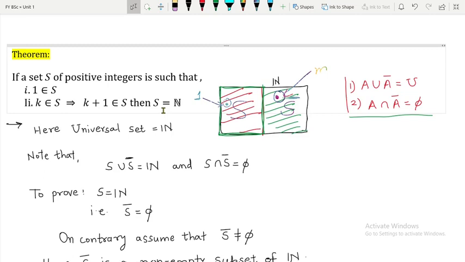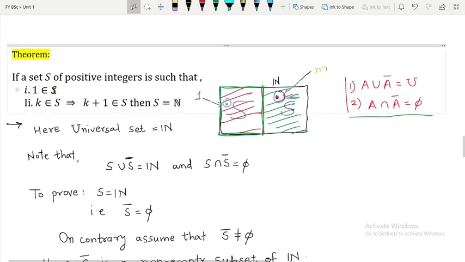I have already told you the process yesterday. How does it happen? Since 1 is there in S, due to the second condition, what is the second condition saying? If there is k in S, then there is k plus 1 also in S. Now since 1 is already in S, you simply add 1 to that, so you are going to get 2.